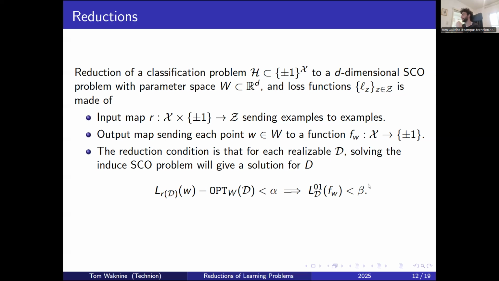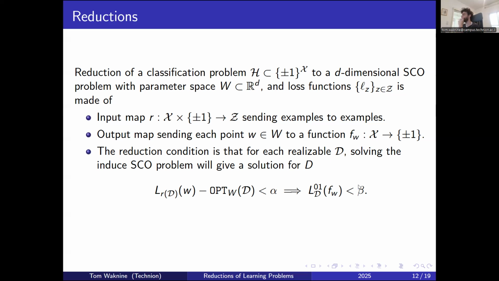Obviously, you want beta to be as small as possible, so your reduction will give you the best solutions possible, but our result works for any beta less than half, and for any positive alpha.